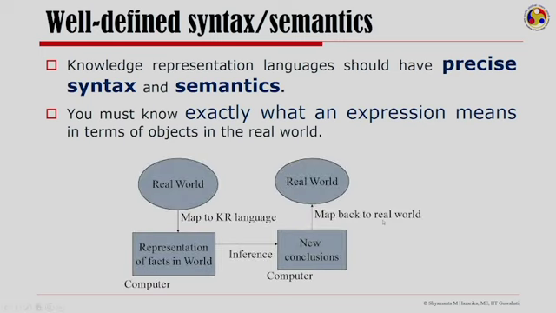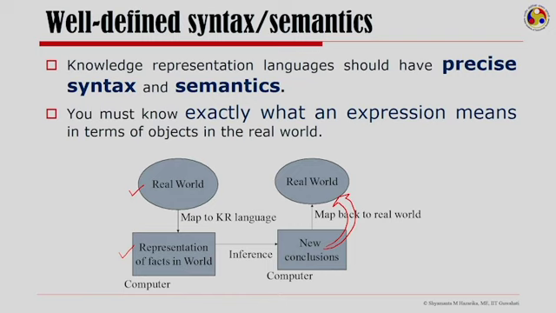This is because one needs to understand that when I am doing knowledge representation and reasoning, I am actually mapping the real world to a representation of facts in the computer, and this is where inferences are being drawn and new conclusions are being gathered. Now, after the new conclusions are gathered, it is important that I can map back to the real world.